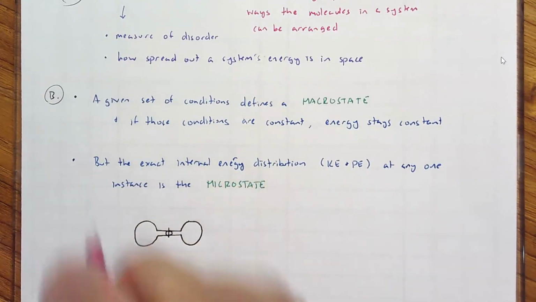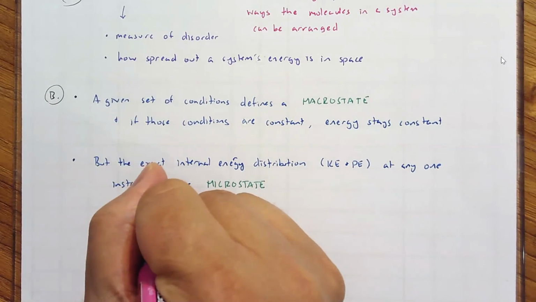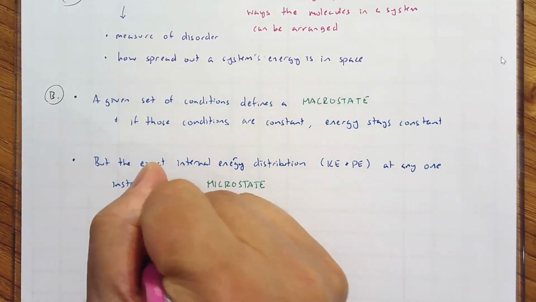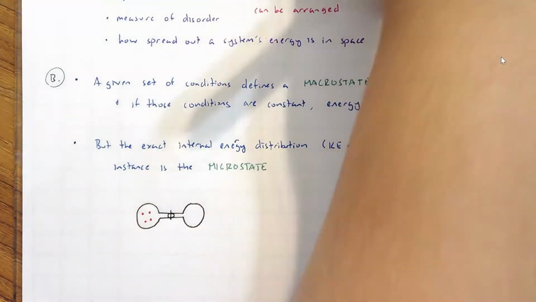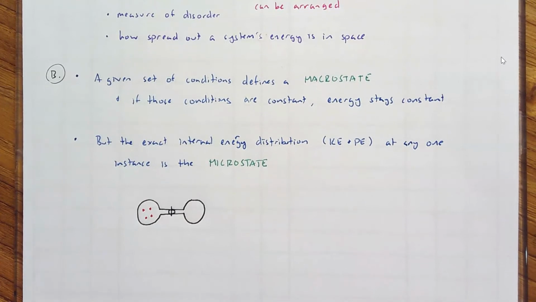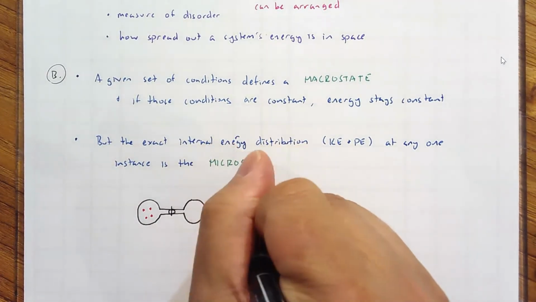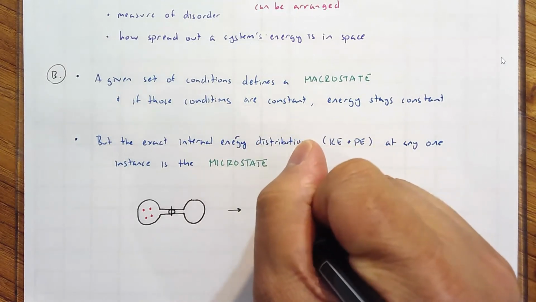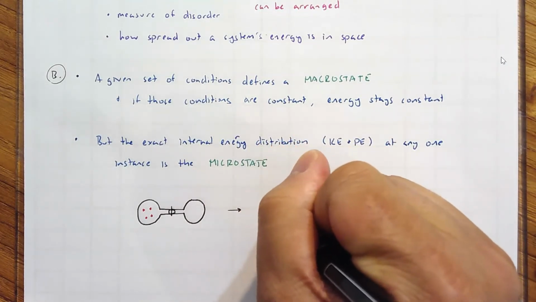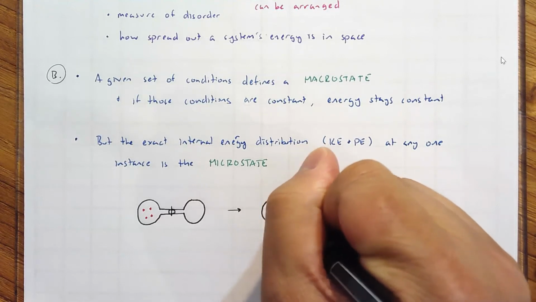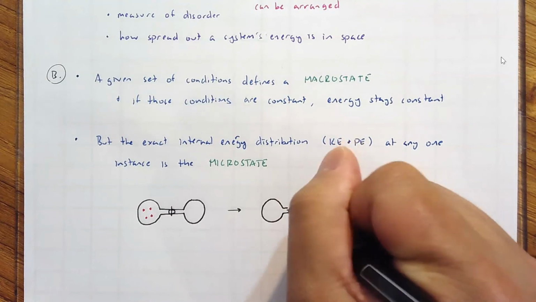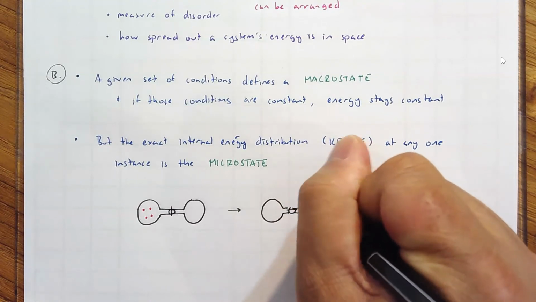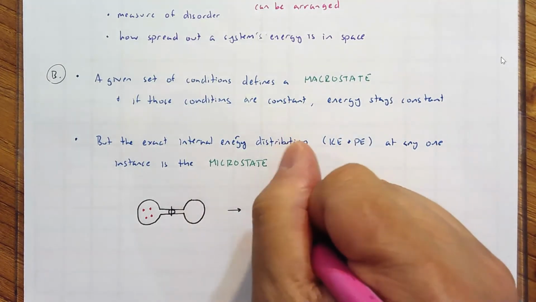I'm going to have 4 gas molecules, and we're going to track them. What are all the different permutations, and what are the relative energies? If we open up this valve, you may or may not predict what would happen. Is the gas going to move or is the gas going to stay?